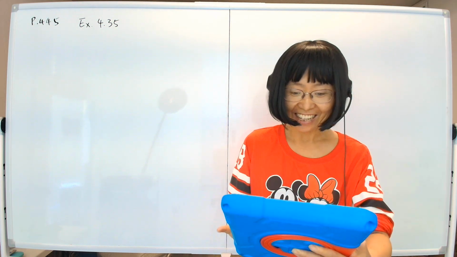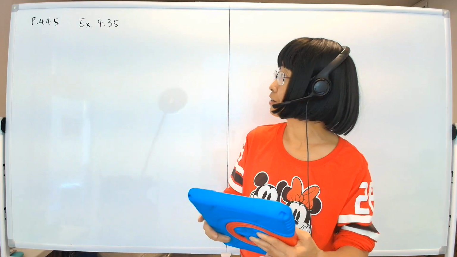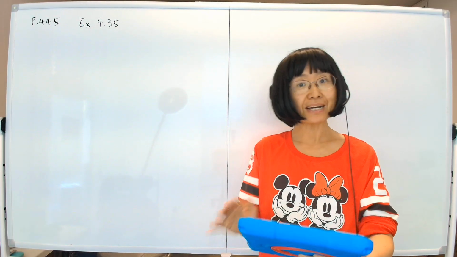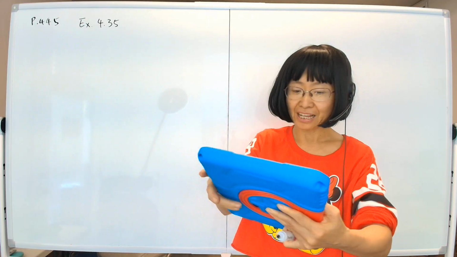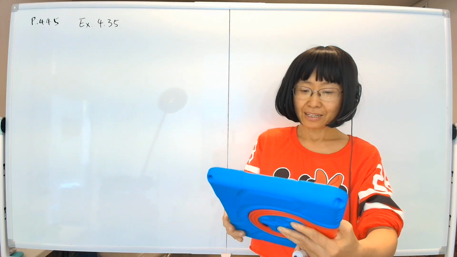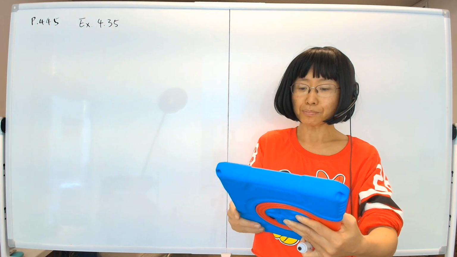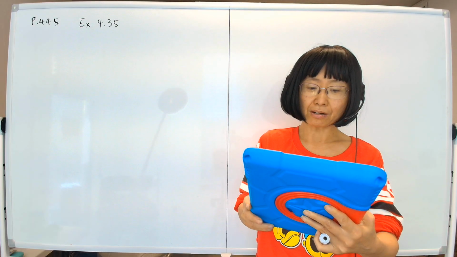So next, let's look at example 4.35, which is on page 445, maximizing revenue. That's what businesses always love to do. We have a car company that charges a price of P dollars to rent some car.